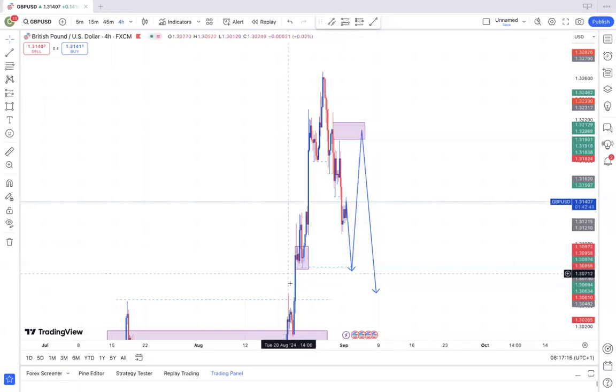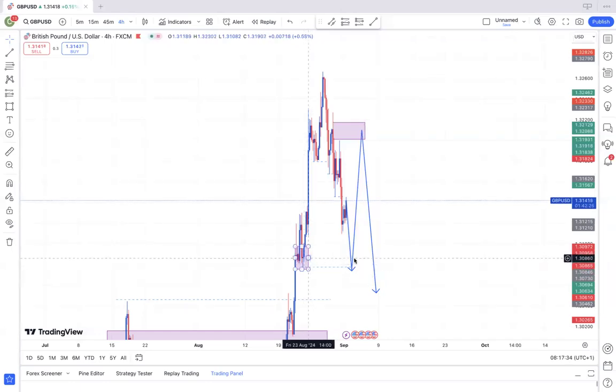A break below this higher low that is here shows us that the sales should continue. But a break that is not below this area, peradventure, the market did not break past this low and it continues, that will now show us that the bias is going to hold.